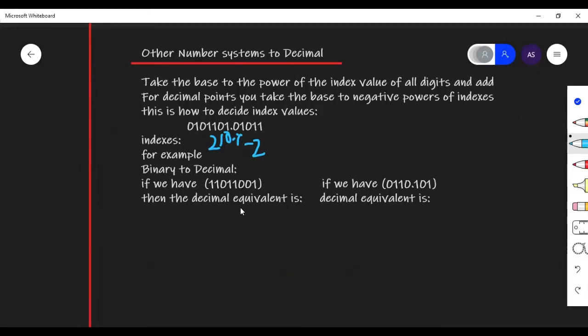If we want to know the decimal equivalent of it, I will say, okay, this is at index 0.